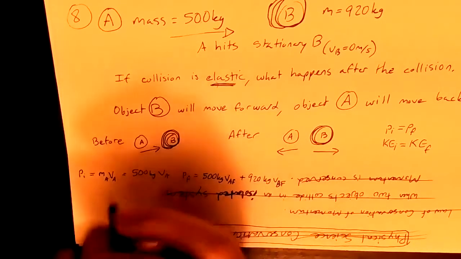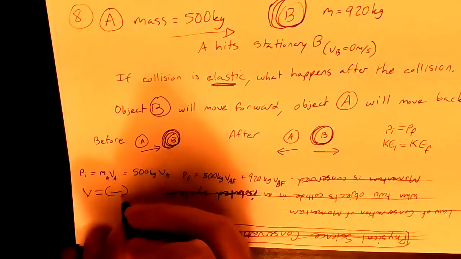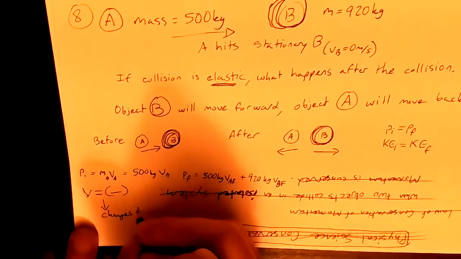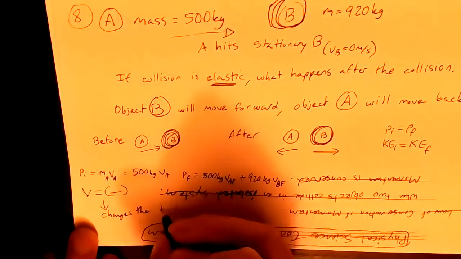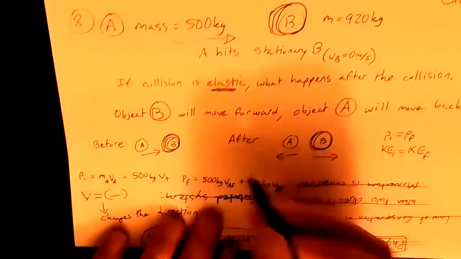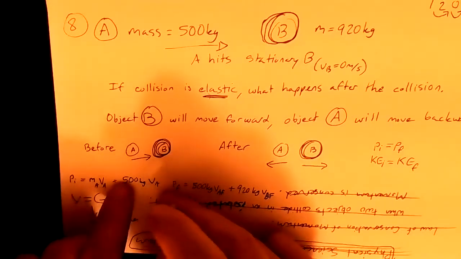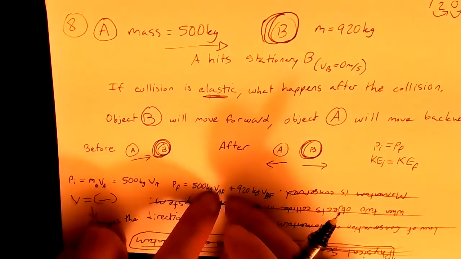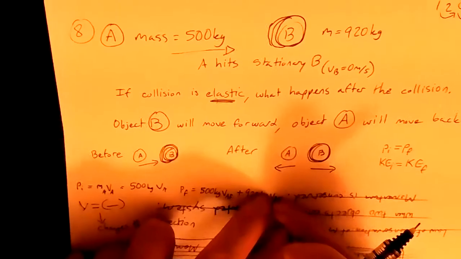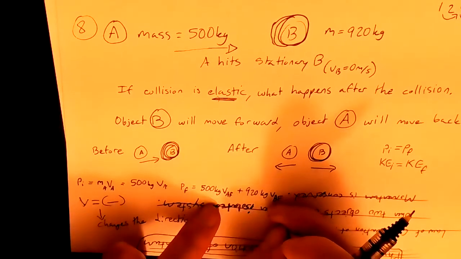And making a velocity negative changes the direction. So because B's mass is so big, for these calculations to come out correct, V has to be negative to balance out the big mass of object B, okay?